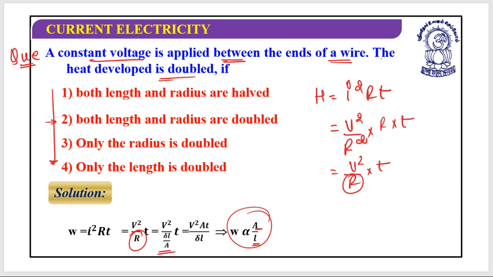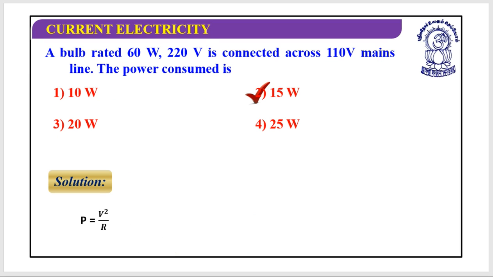Great. Let's move towards the last question of this session. Let's have a look at what it says. It says that a bulb rated 60 watt and 220 volt is connected across a 110 volt mains line. The power consumed is... this is the situation: this is the supply, and this has been connected with the supply of 110 volt.